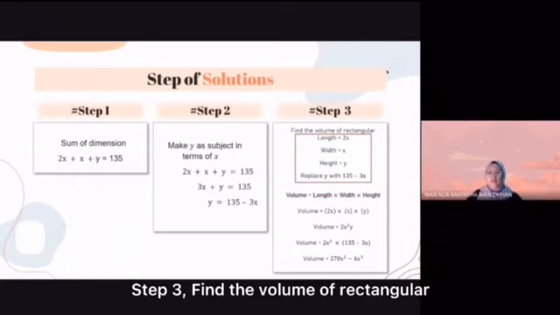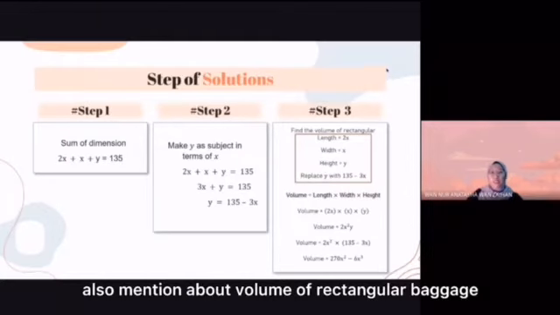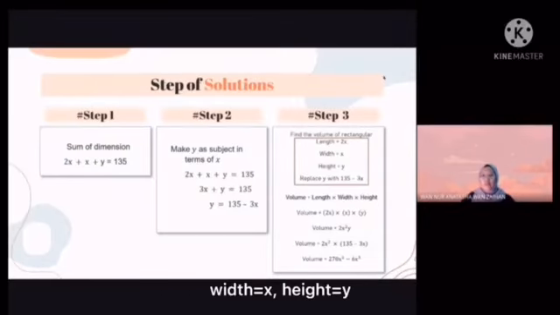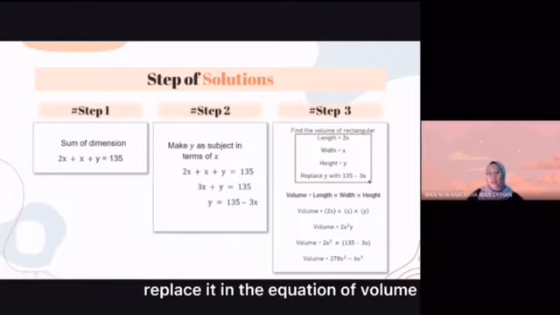Step 3. Find the volume of the rectangular baggage. Since the question also mentions the volume, here we have length equal to 2x, width equal to x, height equal to y. Replace y with 135 minus 3x in the equation of volume.